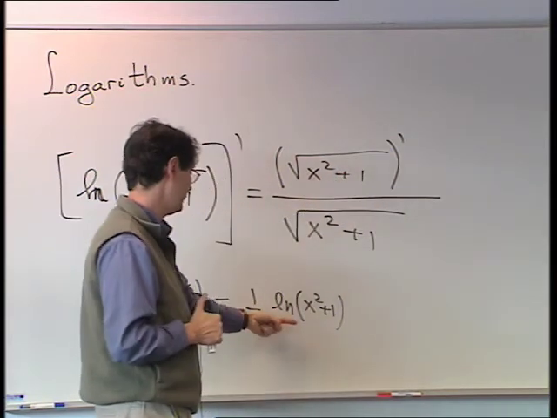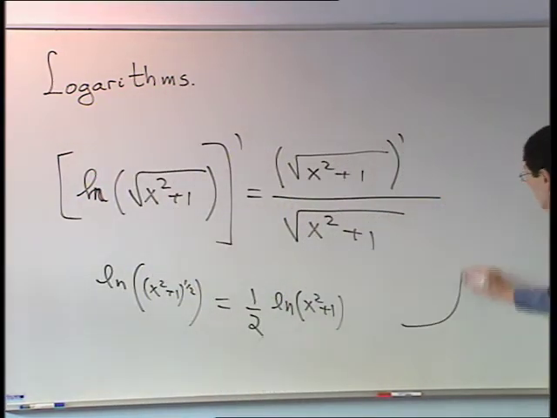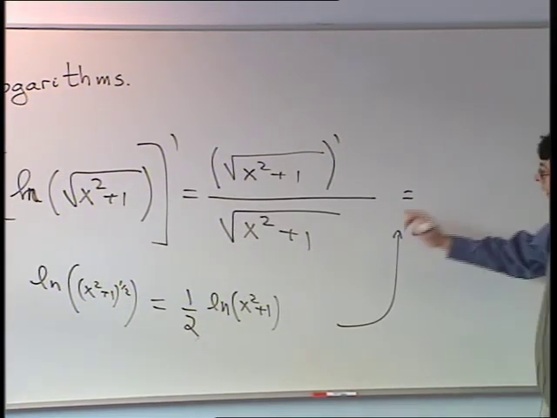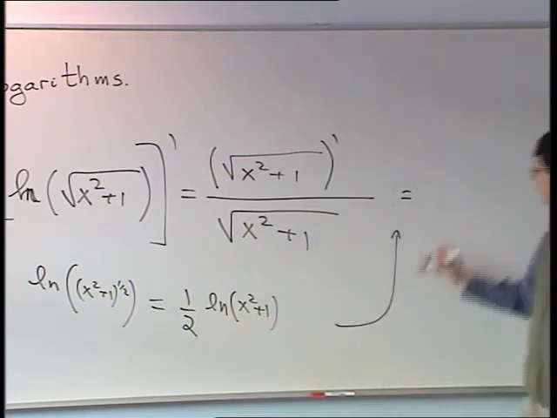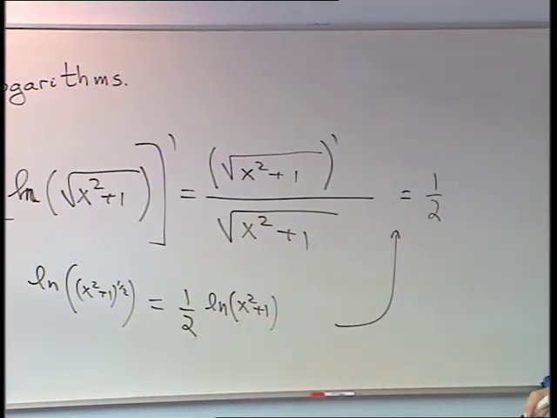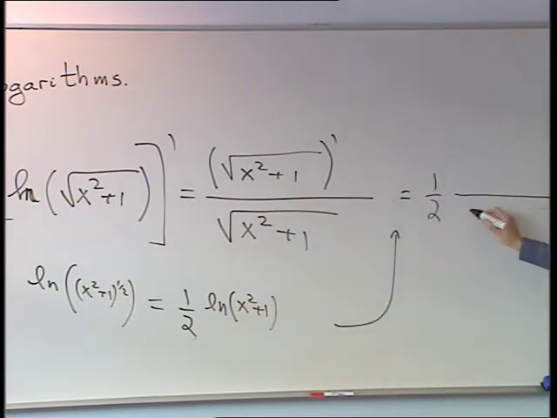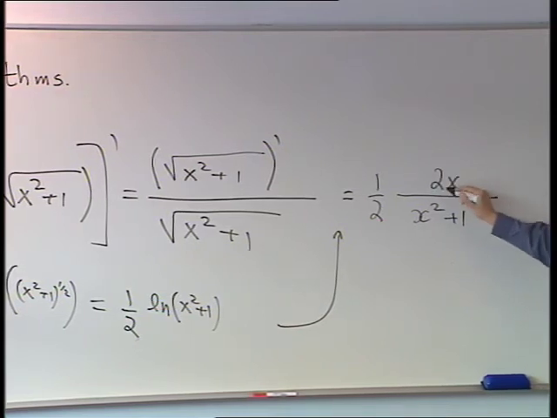Okay? So let's take a derivative of that. Derivative of this, 1/2 multiplying in front, it's just 1/2. Now take a derivative of log. It is going to be x squared plus 1, and in the numerator, you got 2x.